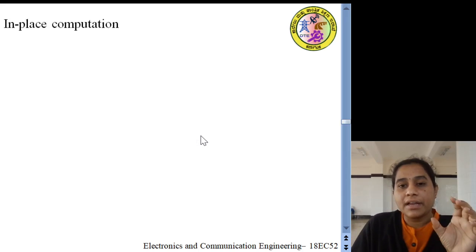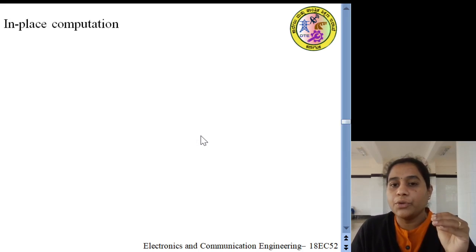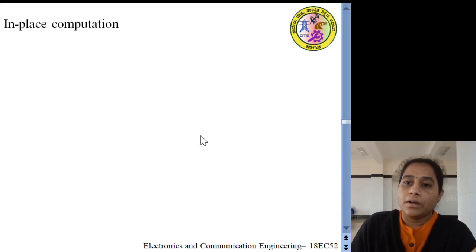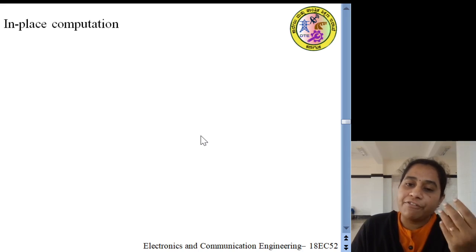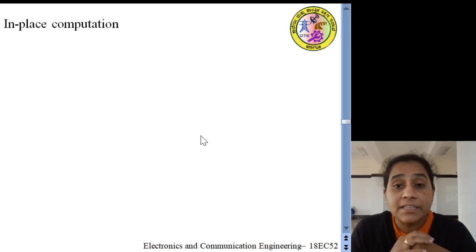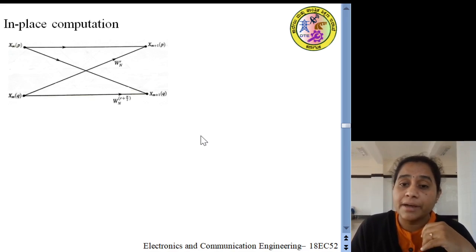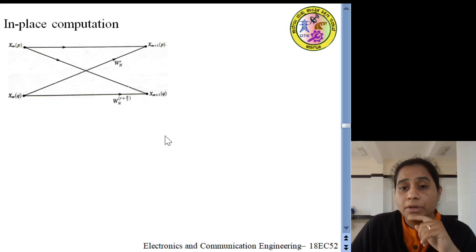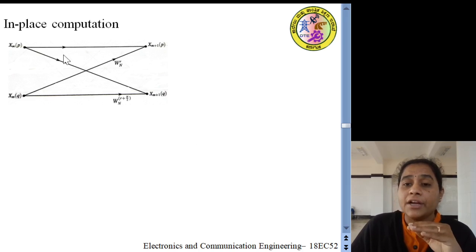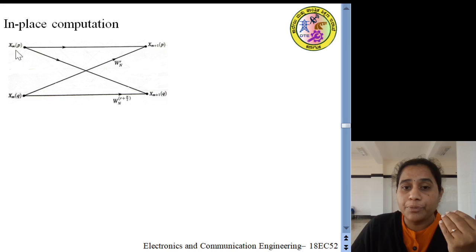Another beautiful and useful thing in our DIT FFT algorithm is in-place computation. Here you can observe this representing a 2-point DFT, or a butterfly operation, where we are giving these two inputs x_m of p and x_m of q.